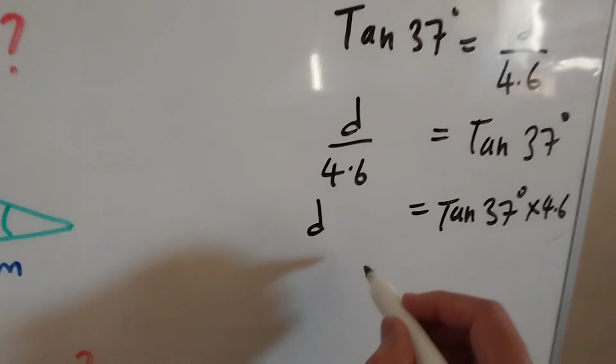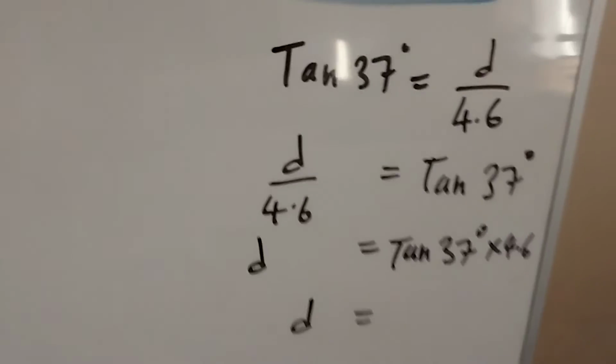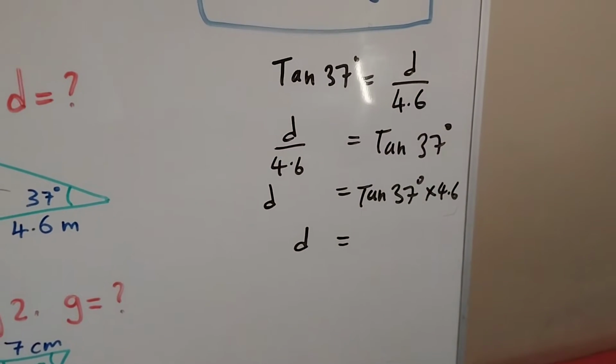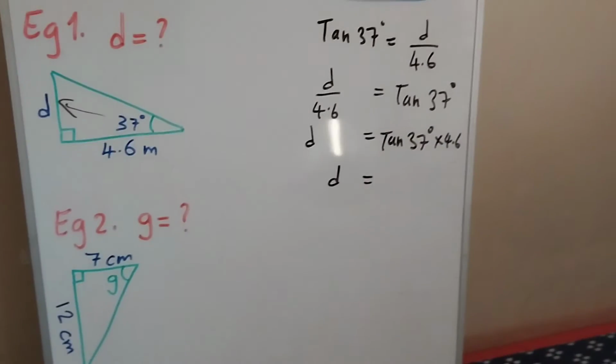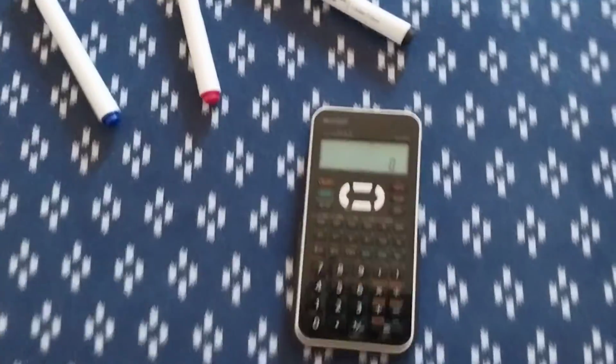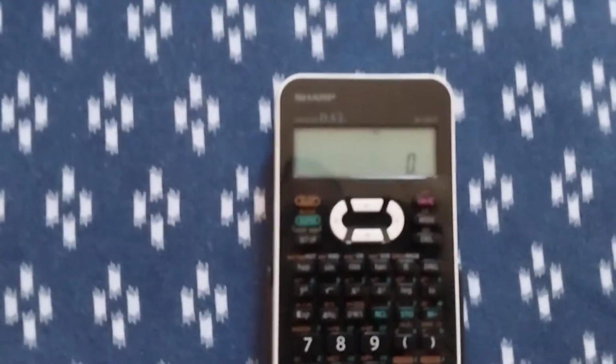Now we need to use the calculator. We're doing tangent of 37 degrees multiplied by 4.6, or 4.6 multiplied by tangent of 37 degrees. In these kinds of questions, I usually like to use the bracket.